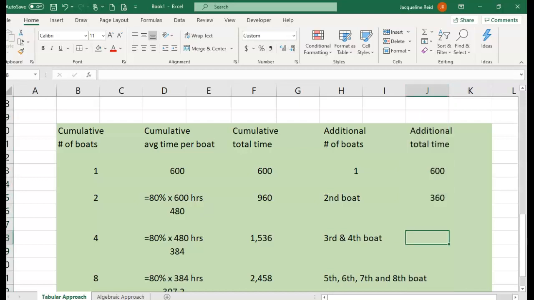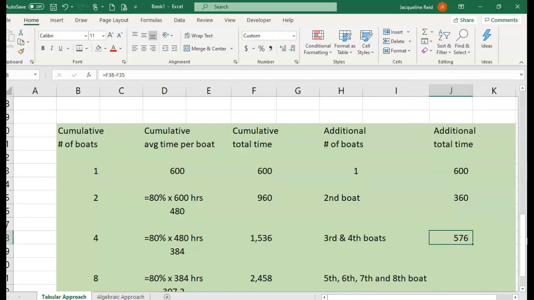Now let's look in the third row. In this event, they're making 4 boats compared to the previous event where they're making 2 boats. So the additional boats were the third and fourth boats. So the additional time it took to make those 2 boats must be the 1,536 minus the 960. So the third and fourth boat is expected to take an additional 576 hours.